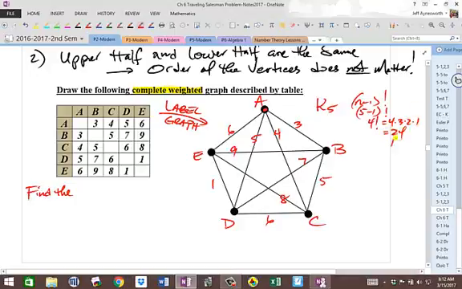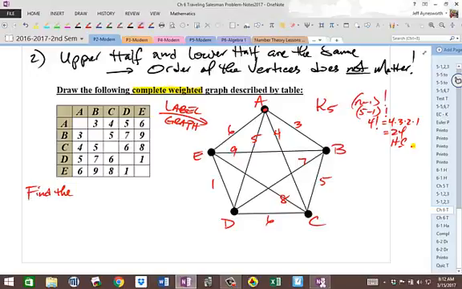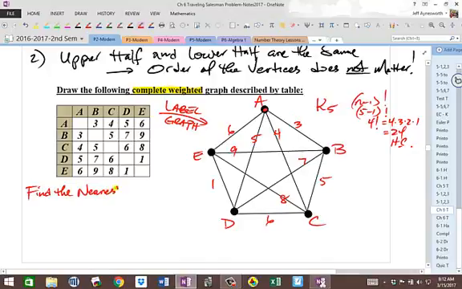So if you're going to do this by brute force, it'd be 24 Hamilton circuits. All right, so scratch that. Too difficult, too time consuming. We're going to use nearest neighbor. So find the nearest neighbor solution, and we are going to start at D. So nearest neighbor starting at D.